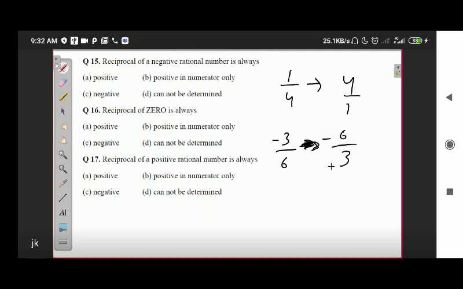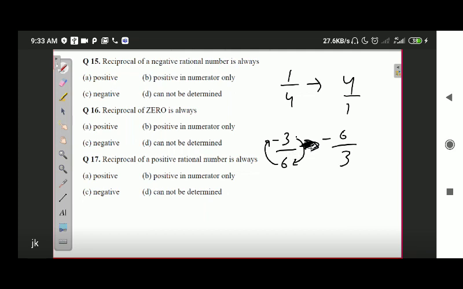So what happens with the reciprocal? The sign of the number remains at the numerator, but the values of the numerator and denominator interchange. The denominator moves towards the numerator and the numerator moves towards the denominator. The sign of the number always remains at the numerator only.